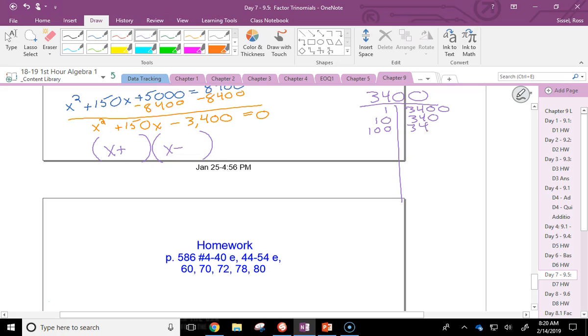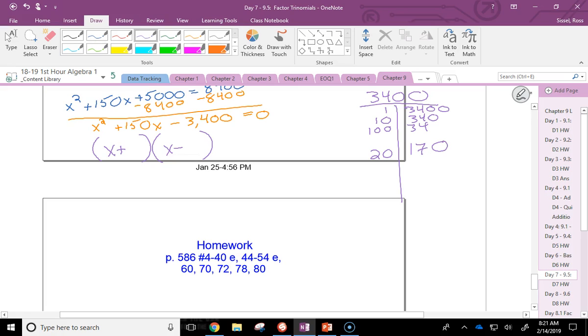But none of those is giving me 150. Anyone have it yet? Did anyone find it? 20 and 170. Okay, instead of wasting your time going through, I know you guys could find the factors. It would take you a while. That's perseverance. But we get 20 and 170.